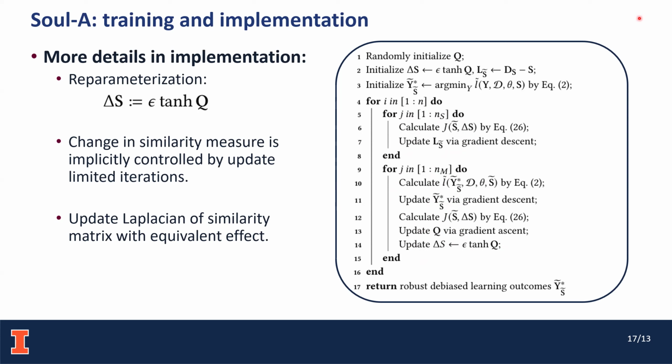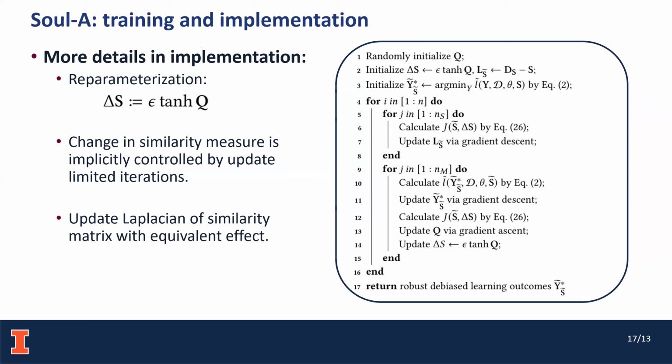So delta S is bounded from minus epsilon to epsilon. And also considering that we are assuming that the algorithm is strictly convex, ideally, when we reach the maximized distortion, the Q should be close to infinity or minus infinity.